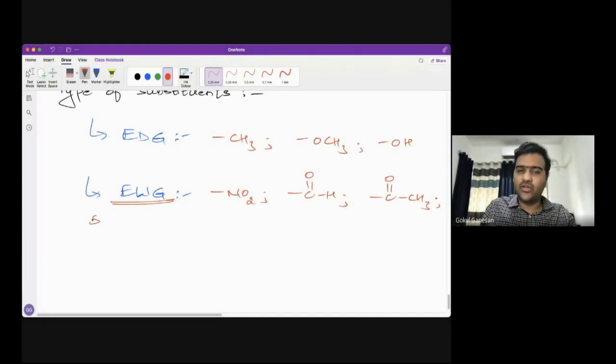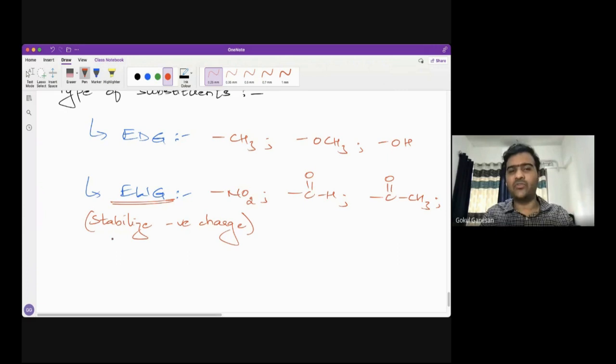So electron withdrawing groups will stabilize the negative charge on oxygen. And if they are stabilizing or delocalizing the negative charge, they will result in enhancement of the acidity constants.